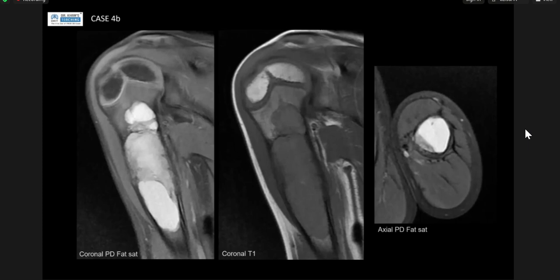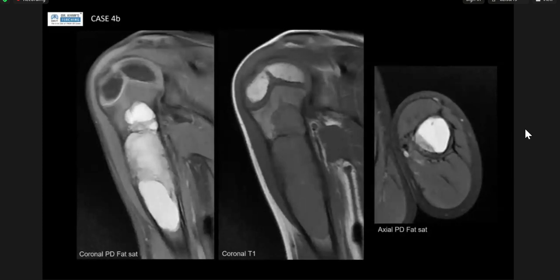And again, there's layering in the PD fat-set images. So, could it be? I'm not sure. Could it be a brown tumor? Okay. But it's showing me the fluid levels. So my differential of bone cyst is on the top.